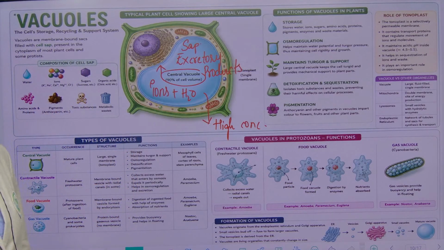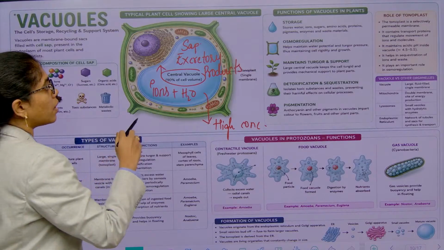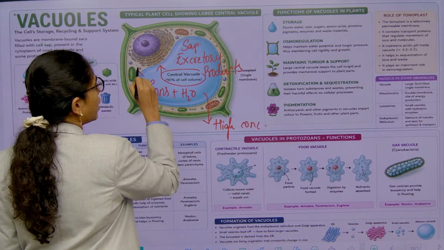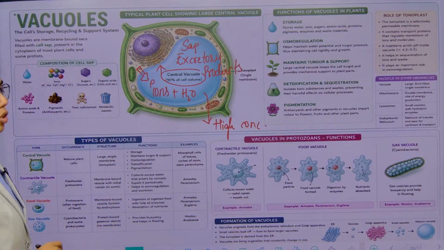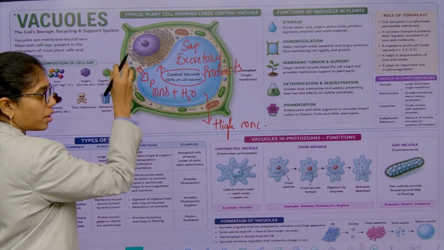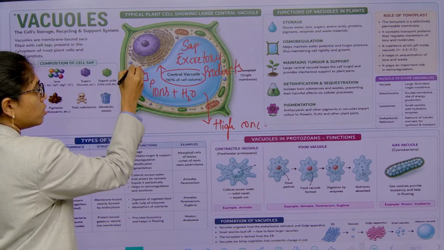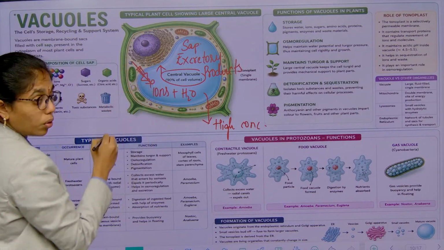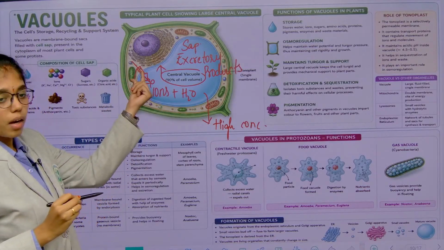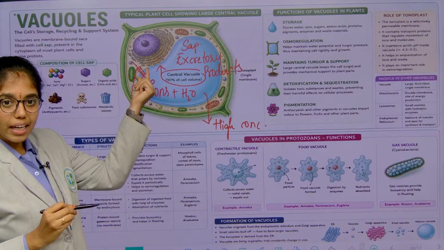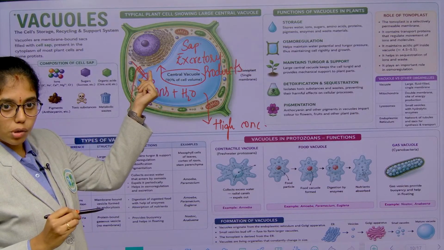Transport of any molecules from low concentration to high concentration is what? Active transport, right? So to pump the molecules from the cytoplasm to the vacuole requires ATP, and it is also through facilitated diffusion sometimes.